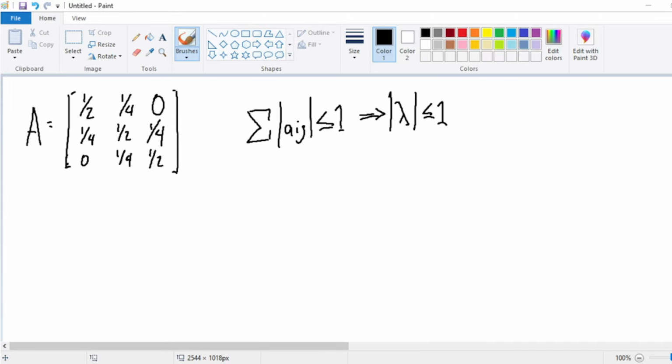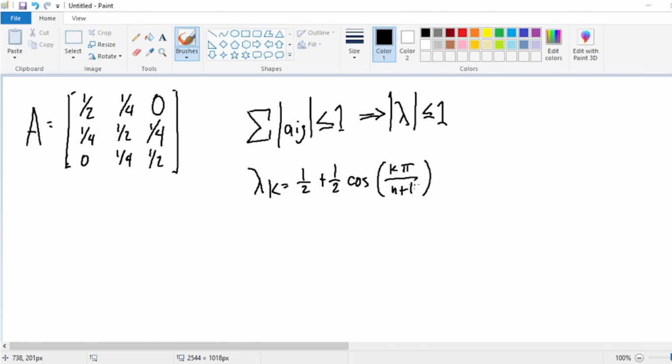The important part is that as the frequency k increases, the eigenvalue lambda sub k gets smaller. Lambda sub k equals 1/2 plus 1/2 times the cosine of k times pi divided by n plus 1.